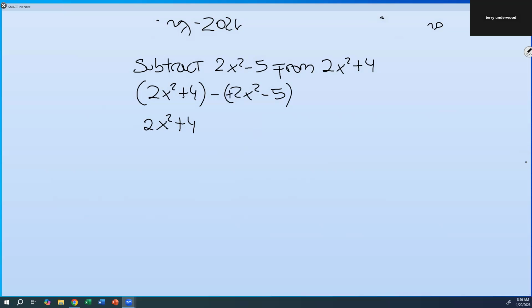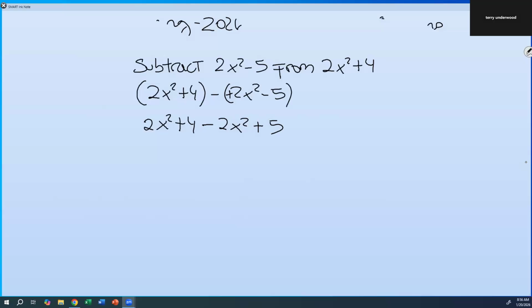When you multiply a negative times a positive, it's a negative. And then you put your 2x squared. And then you have a negative 5. You multiply negative times a negative is a positive, will be a 5. Now you have everything outside the parentheses.